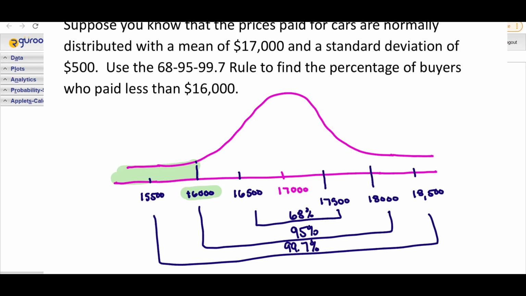So let's look at it this way. I think this might be the easiest way. What do I know about the 16,000? I know that between 16,000 and 18,000, there is 95% of the data. So I'm going to shade that and label that so I can see this visually.